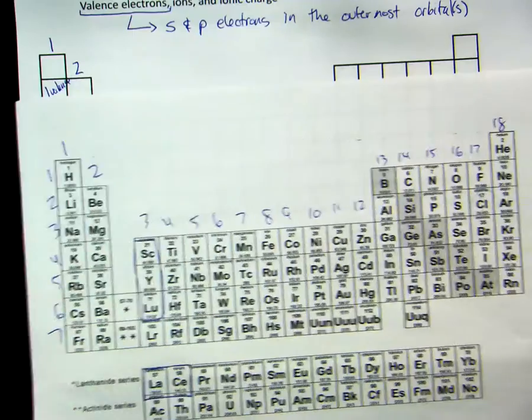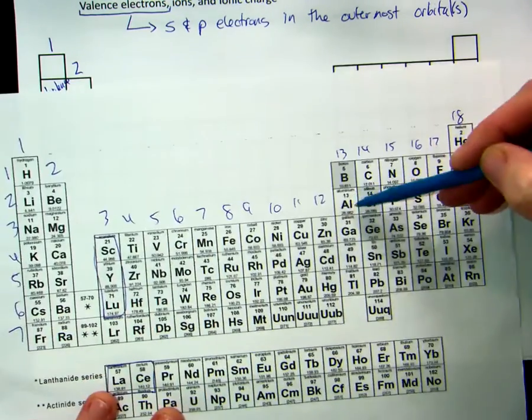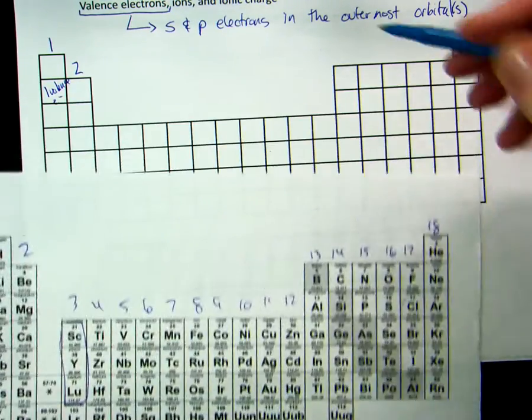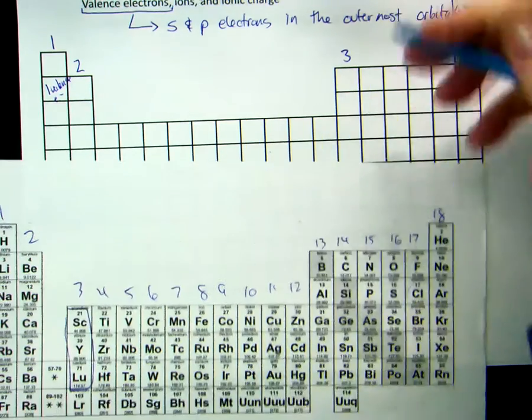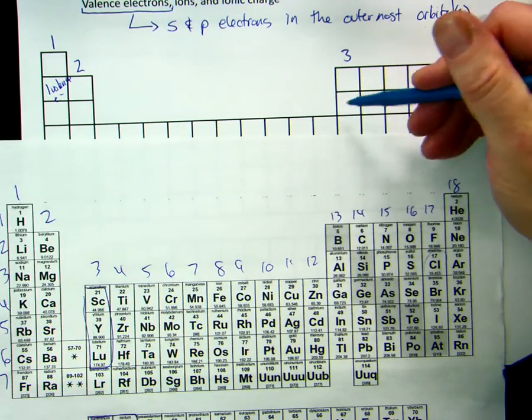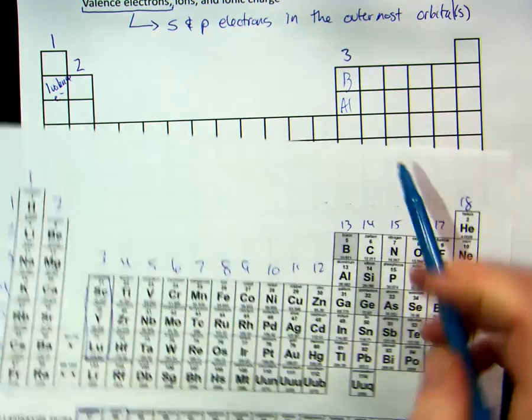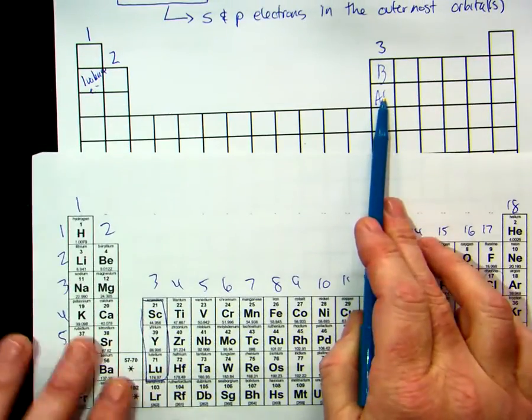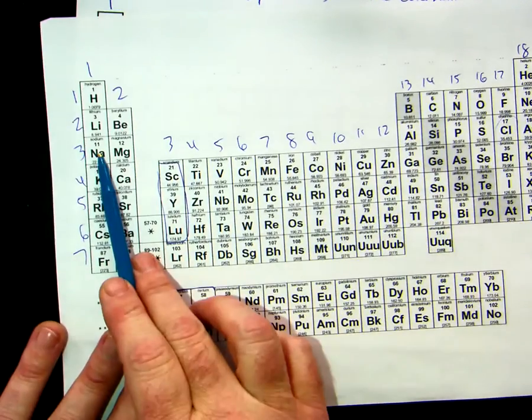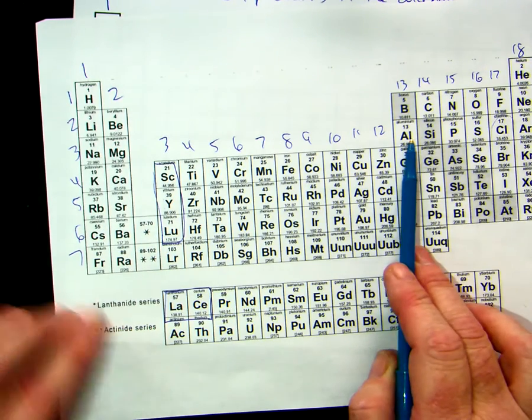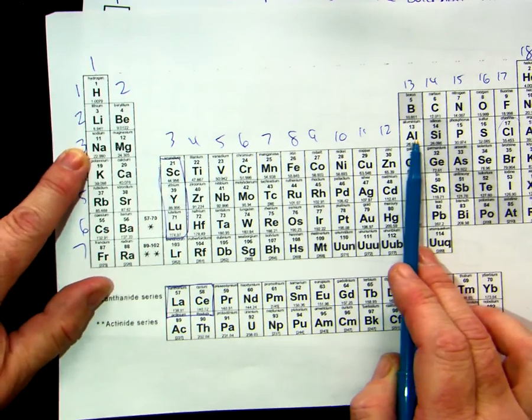Basically, what you're going to see is that if we come over here to aluminum, aluminum would have 3 valence electrons, and here's boron too. If we look at aluminum, for instance, it would have this valence electron, this valence electron, and this valence electron. In its outermost energy level, it has 3.